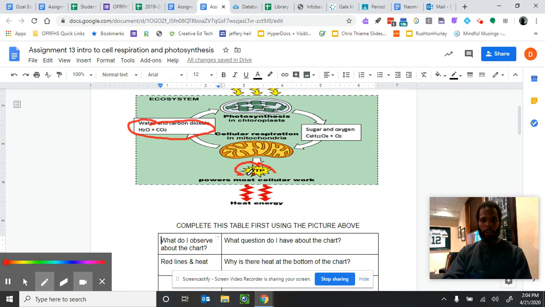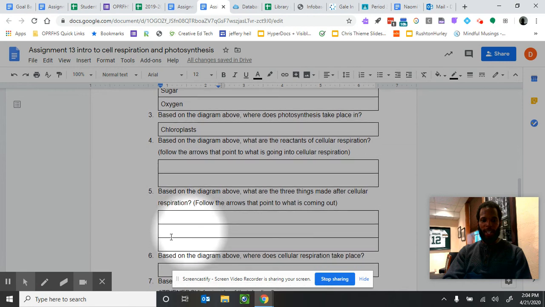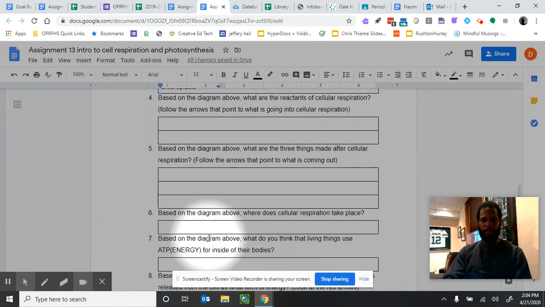All right, this thing right here called ATP actually powers your cell to do work. So what 3 things come out? That answer is going to go right here for question 5.